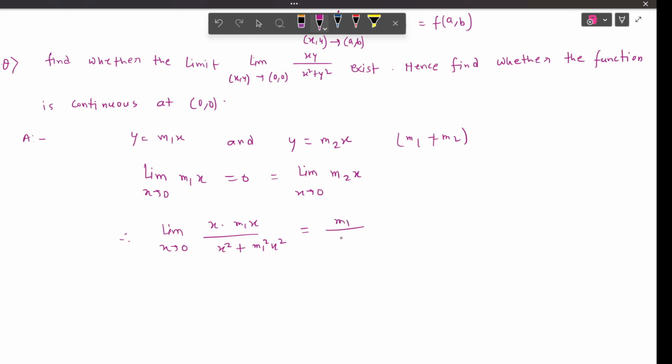So it will be m1 by 1 plus m1 square, and limit x tends to 0. If we put this value, we can say this is x into m2x by x square plus m2 square x square. So it will be m2 by 1 plus m2 square.